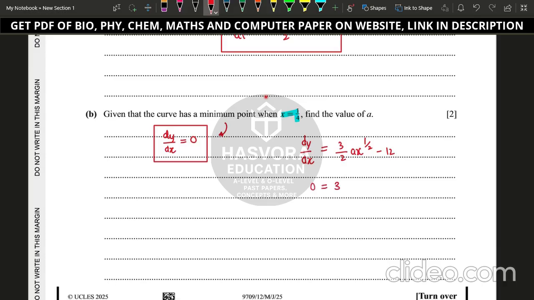So this will be 3 by 2 a, and x was 1 by 4, 1 by 4 to the power of half, or under root 1 by 4, minus 12. This becomes 0 is equal to 3 by 2, and power of half of 1 by 4 is 1 by 2, so 3 by 2 a into 1 by 2 minus 12.